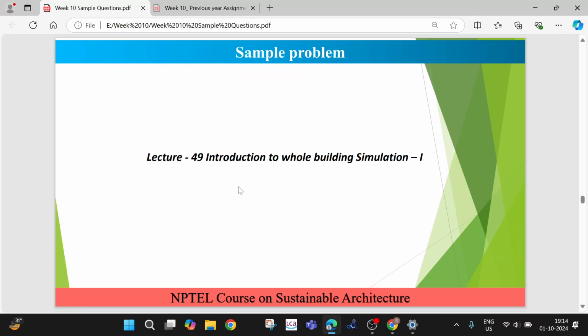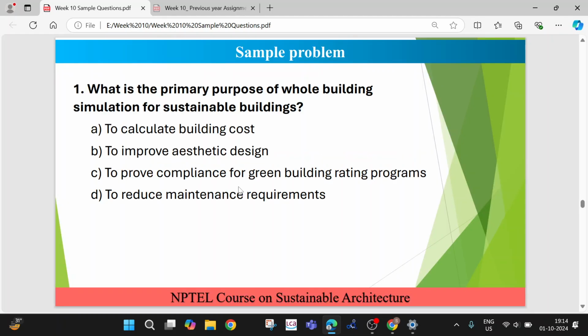Then let's try to answer some of the questions based on the introductory lecture of whole building simulation. Here is the first question. What is the primary purpose of whole building simulation for sustainable buildings? Why are we doing this? Out of the four options, try to choose one answer only.